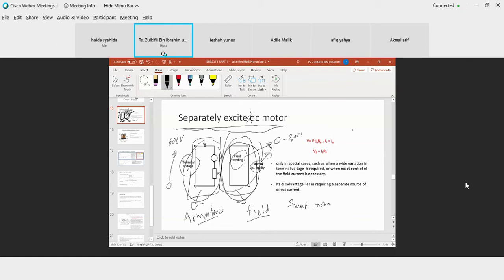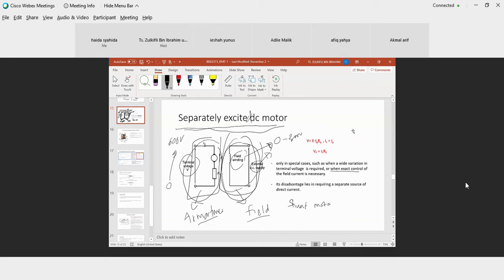Okay, or when you have to control the field current, so you need to, macam kita part of the controls, machine control, you need to control the field current, sama ada kita nak pergi ke range, dia panggil field weakening control, kita nak melemahkan field so that the machine will rotate at a much higher speed.